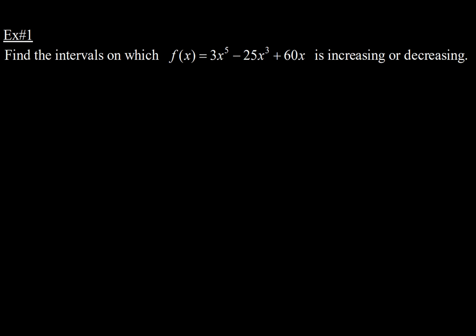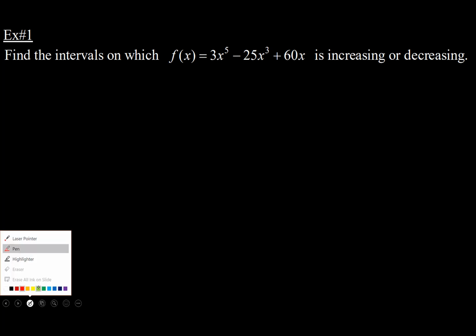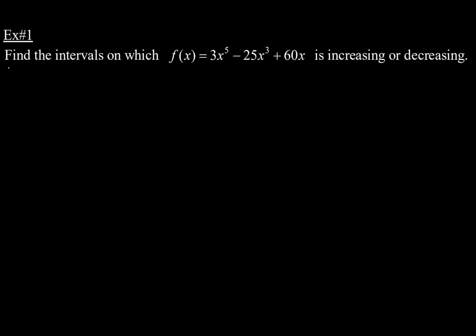Let's look at our first example. Let's find the intervals on which f of x, which is equal to 3x to the 5th minus 25x cubed plus 60x, is increasing or decreasing. All right, so the first thing I'm going to do is find f prime of x.